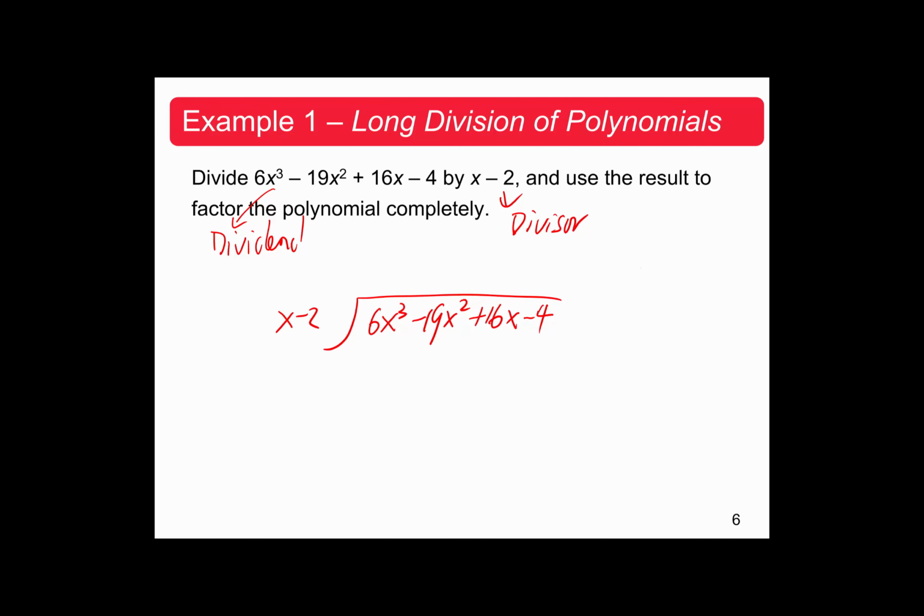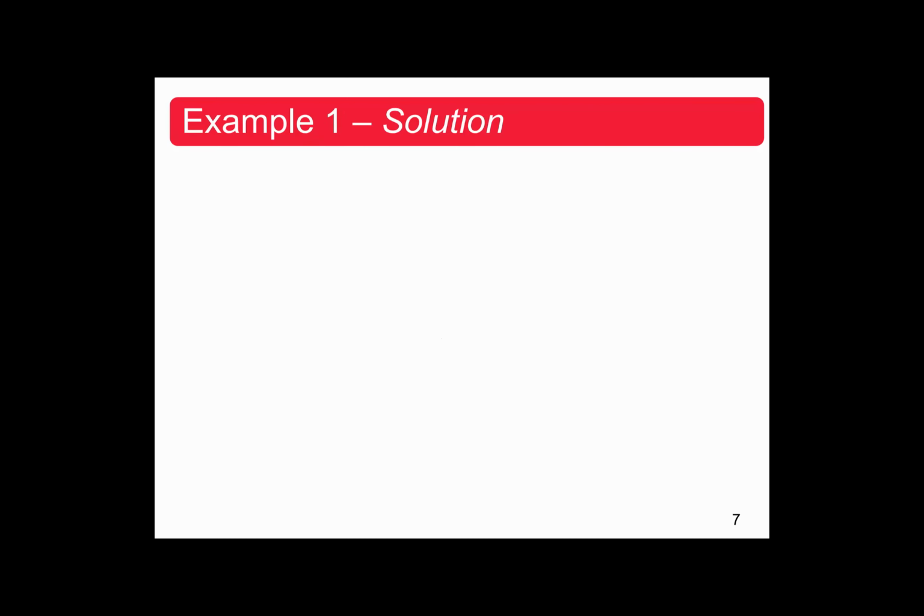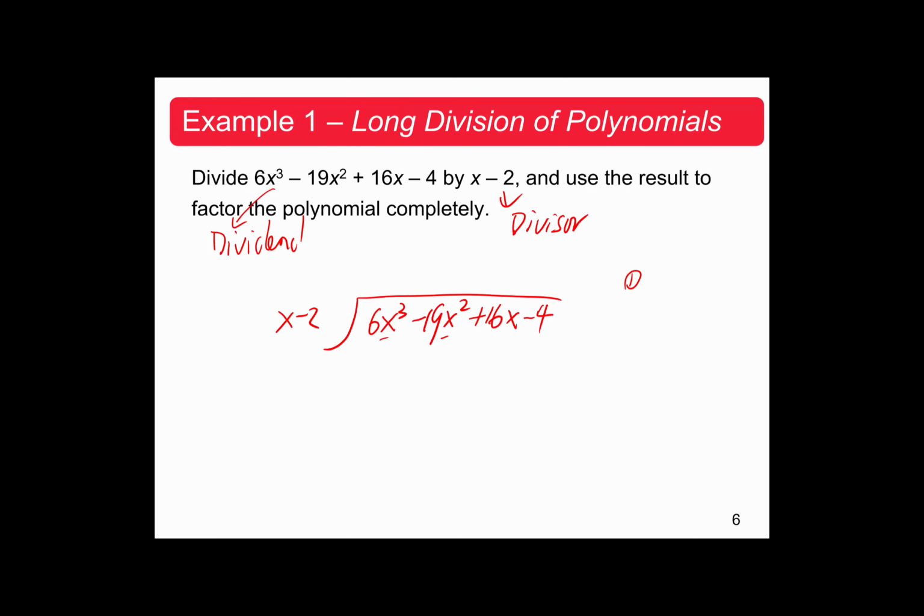So step 1, you take the leading term 6x cubed and divide by the leading term of the divisor, x, and you get 6x squared. So right here, put 6x squared on top.